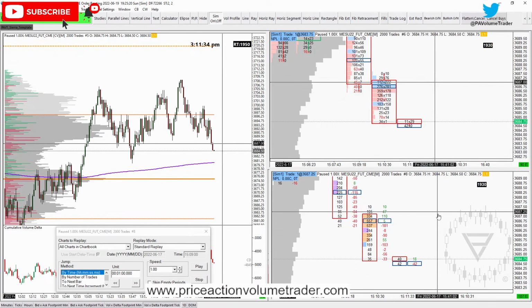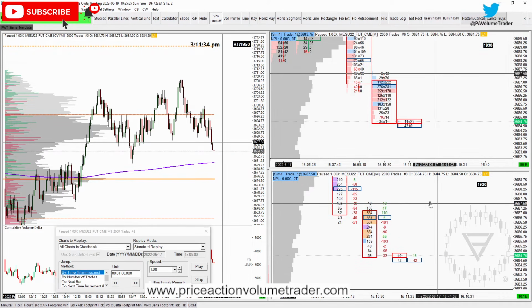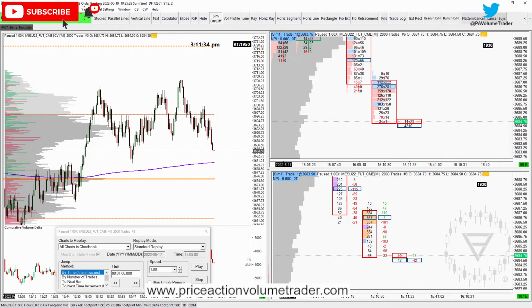Down here at the bottom, on the volume versus delta footprint, the background is just based on the actual volume traded. I have it set so that a blue highlight is low volume, purple is medium, and orange is high volume. Okay? And again, this is based on my settings.